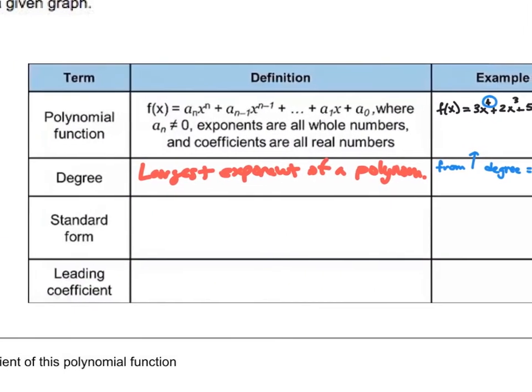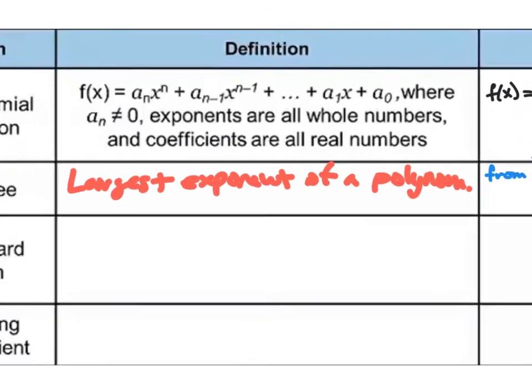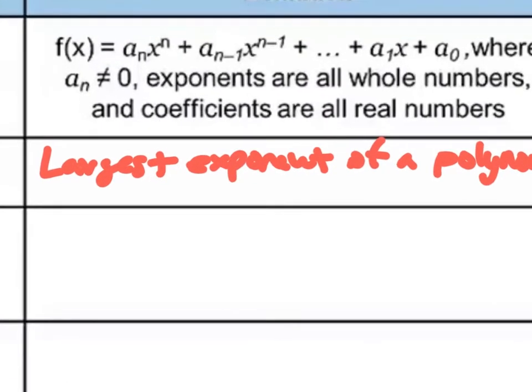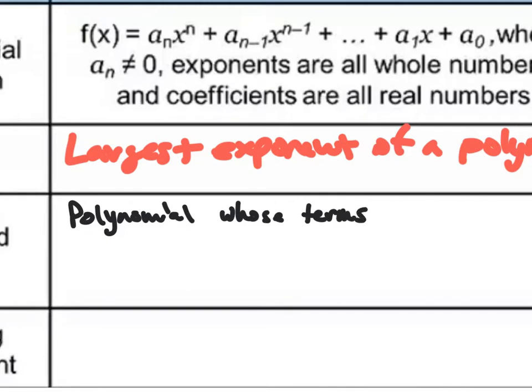The next one is standard form. Now, standard form means that's a polynomial whose terms with exponents go in descending order.